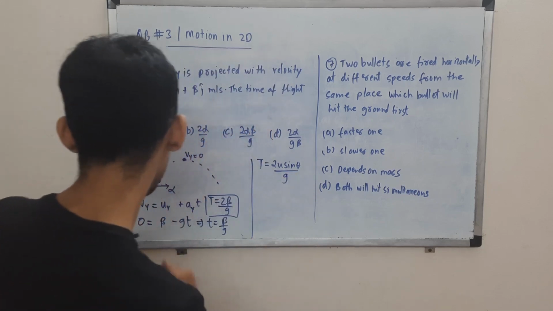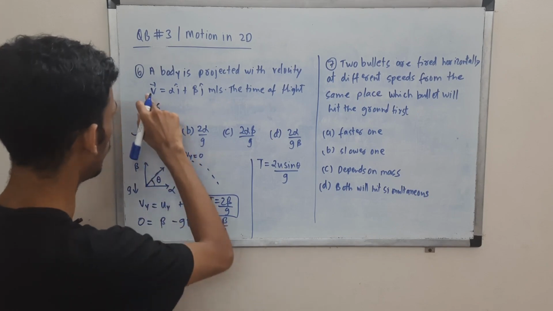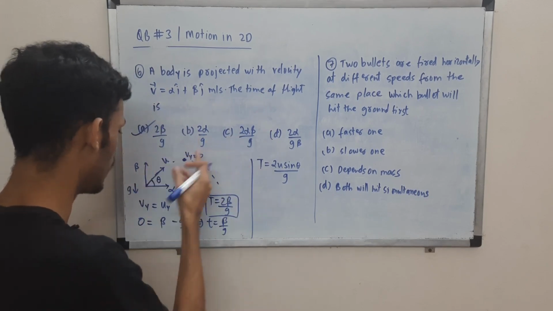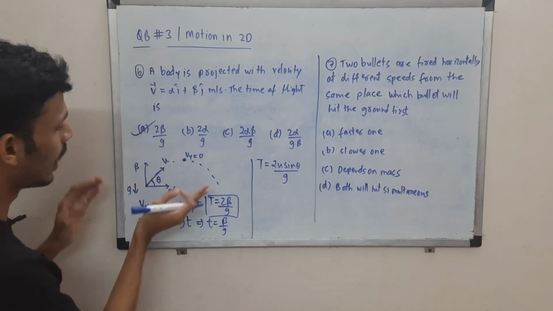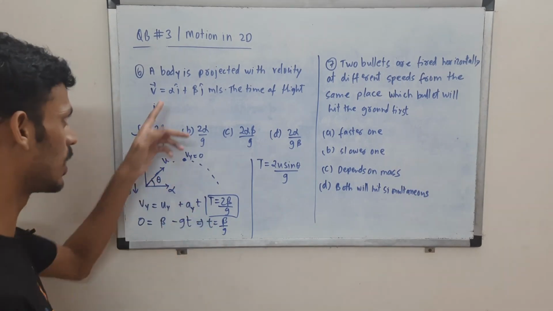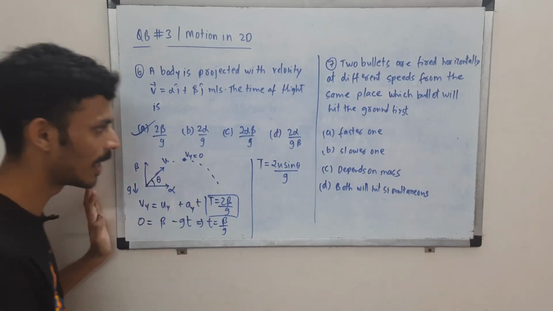What is u? u is the resultant vector that you get, or in this case it is v, but let's take it u to avoid confusion. It is the square root of alpha square plus beta square, the magnitude. But we'll keep it as u only.